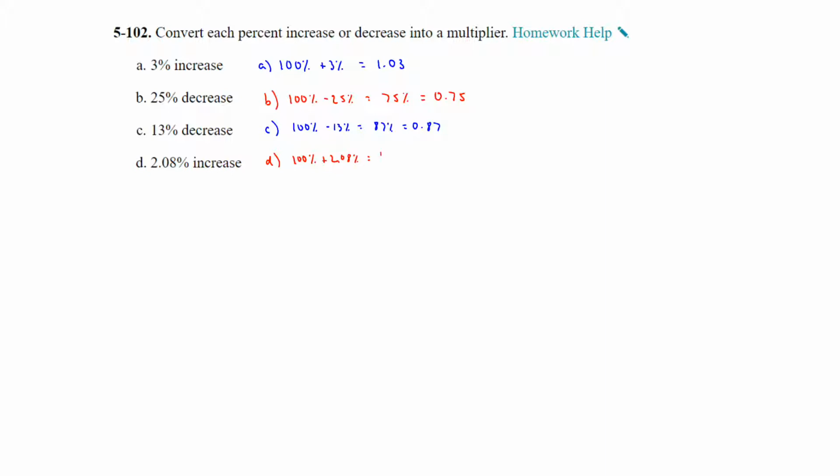So that would be 102.08%, which would be equivalent to 1.0208 as a decimal or as a multiplier. So we're looking to see what that multiplier is when we're talking about those percent increase or percent decrease.